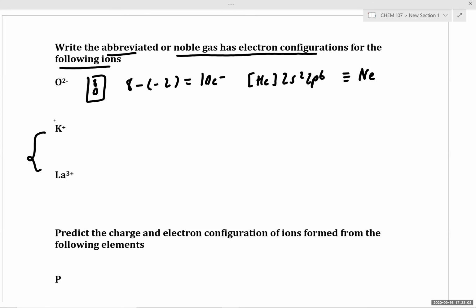We're already starting to see some reasonable responses in the chat. Let's try to get a few more responses before we discuss. This is really just getting everyone used to writing electron configurations for common ions that they'd see in this class.